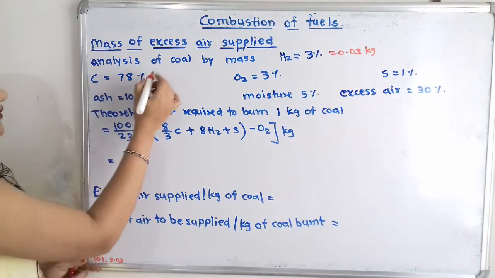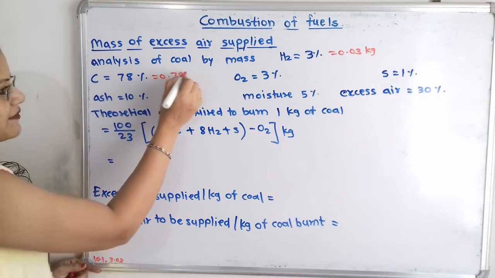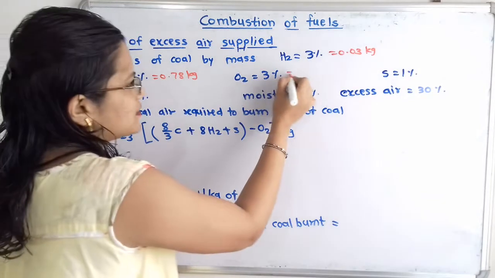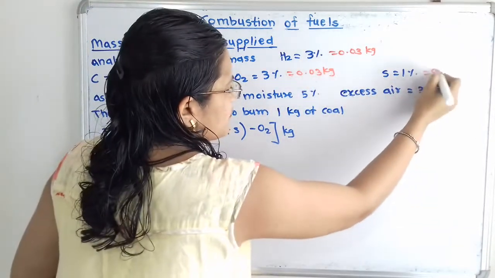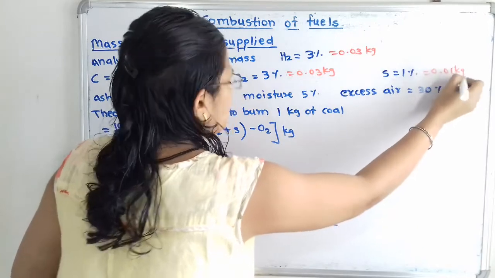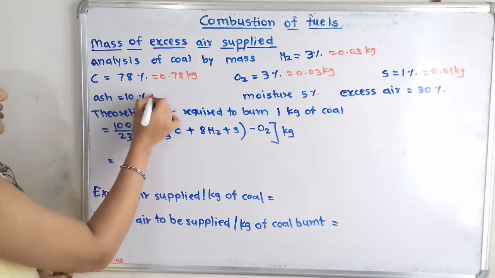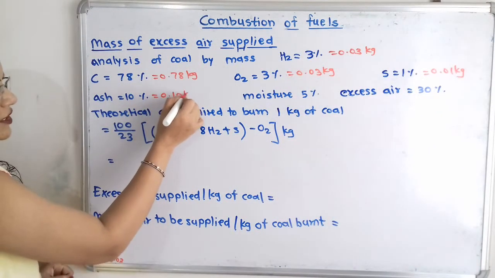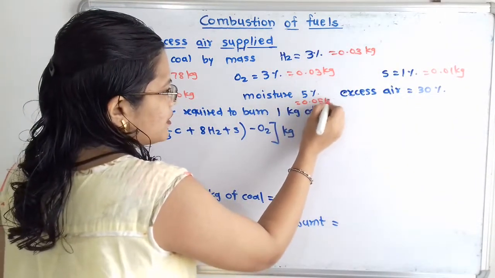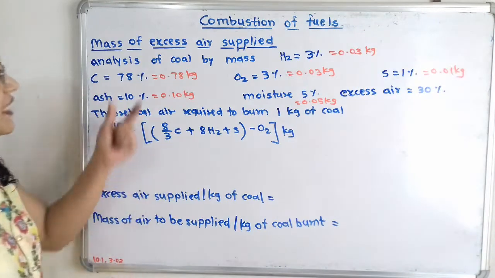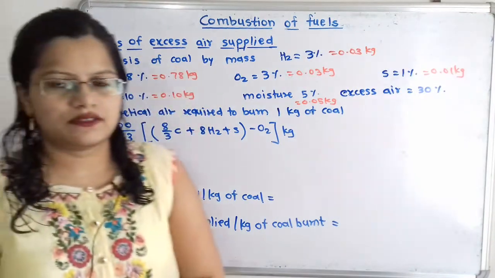Carbon is 78%, that is 0.78 kilogram. Oxygen is 3%, 0.03 kilogram. Sulfur is 1%, 0.01 kilogram, and ash is 10%, that is 0.10 kilogram. Moisture is 5%, that is 0.05 kilogram. This is the analysis of coal by mass.